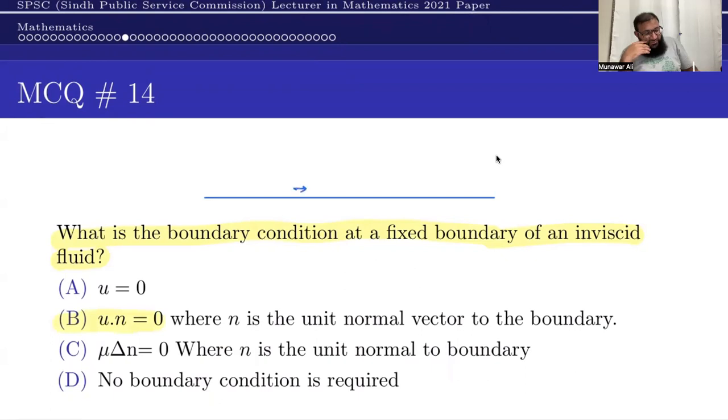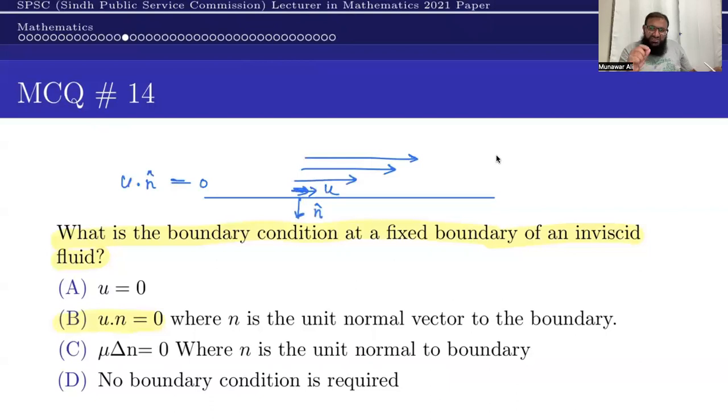So the velocity profile will look like this. The velocity would not be in the normal direction. Velocity u would be in the horizontal direction to that boundary layer, whatever it is. So since these are orthogonal, u dotted with n would always be equal to 0.